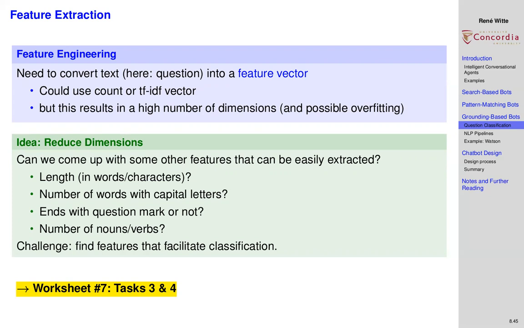Remember how this works. If we generate these TF-IDF vectors, they have as many dimensions as we have words in the vocabulary. And whenever you have so many high dimensions, it's very tricky in machine learning to train the algorithms because you don't have enough data available for all of these dimensions, and this results typically in overfitting.